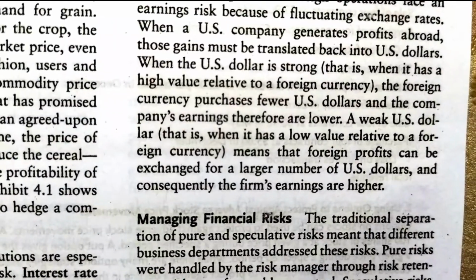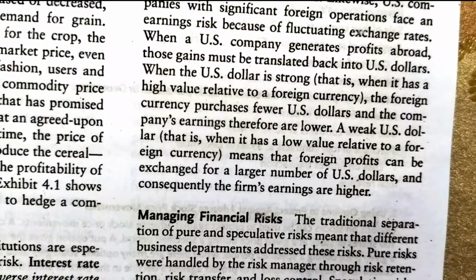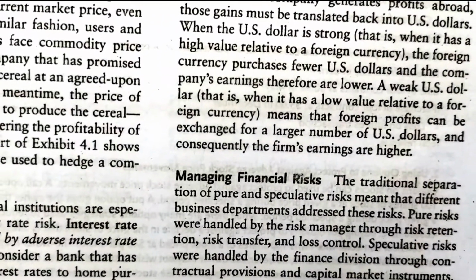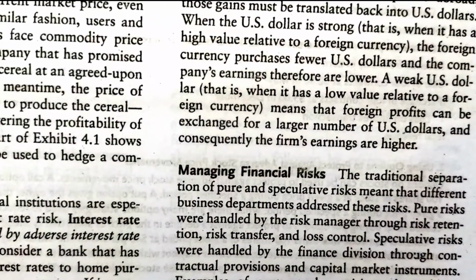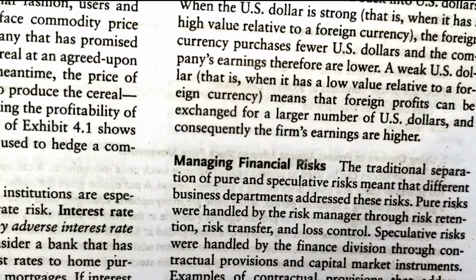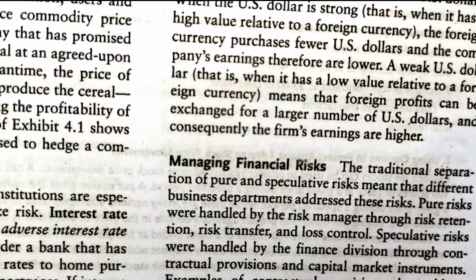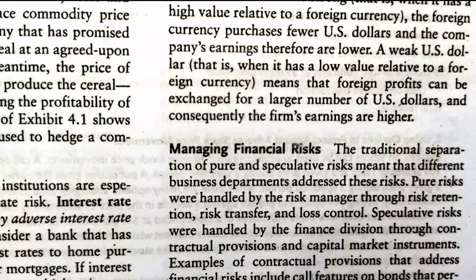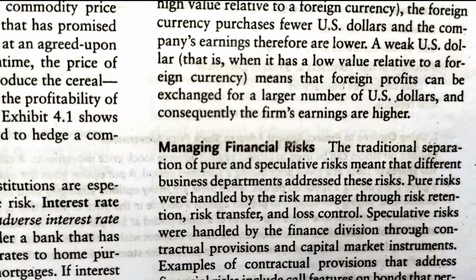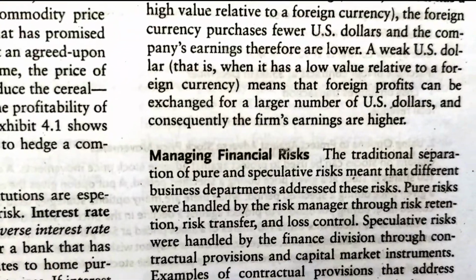When the US dollar is strong, the foreign currency purchases fewer US dollars and the company's earnings are therefore lower. A weak US dollar, one that has low value relative to a foreign currency, means that foreign profits can be exchanged for a larger number of US dollars and consequently the firm's earnings are higher.